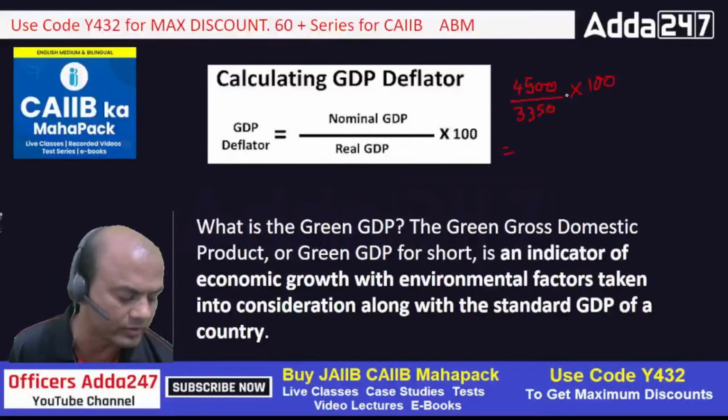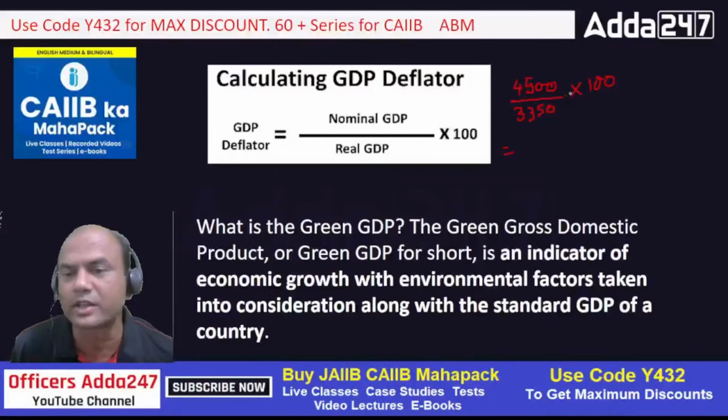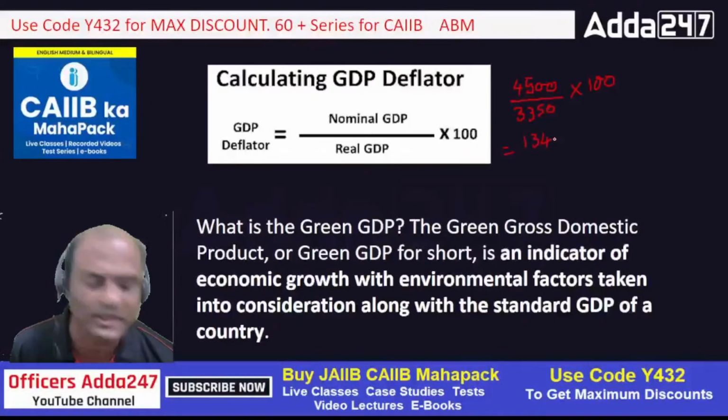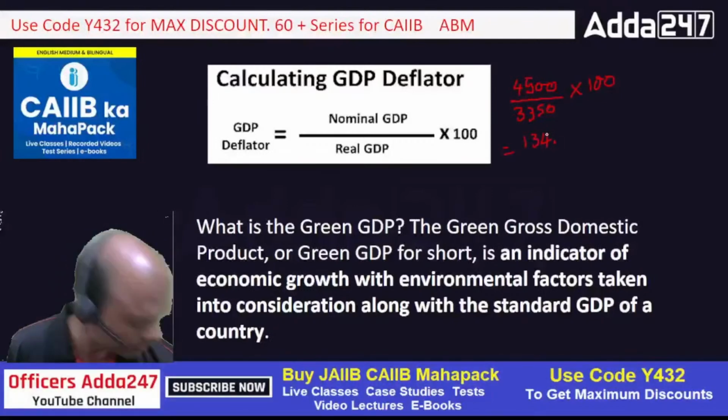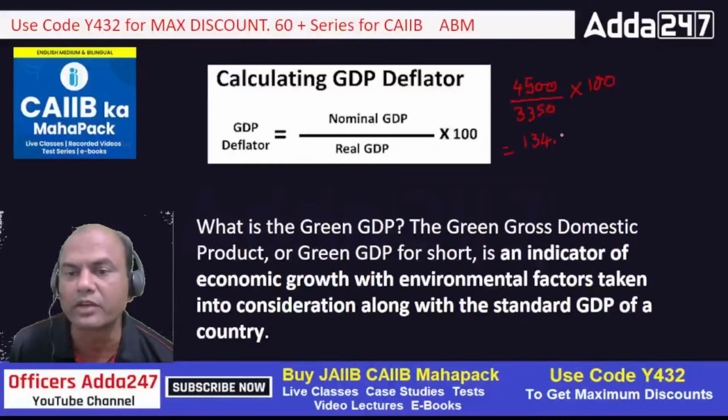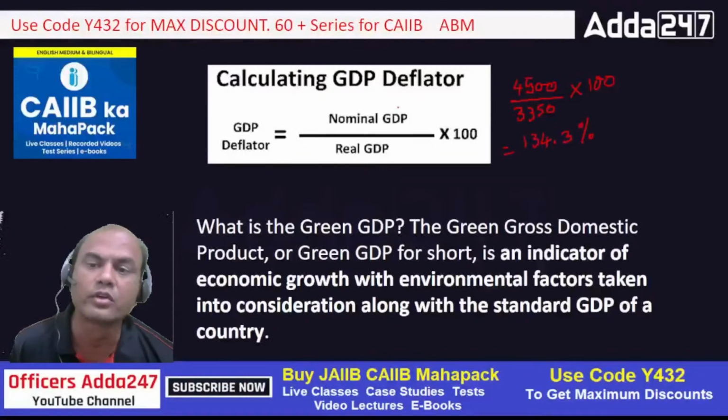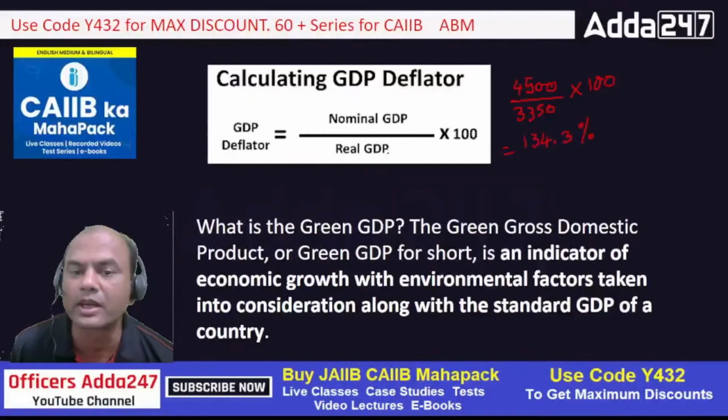So what is the answer now? 4500 by 3350 is 1.34, right? So 134 point some percentage. What is 0.2? 0.3. 134.3 percent. So that is my GDP deflator. Remember, nominal upon real GDP.